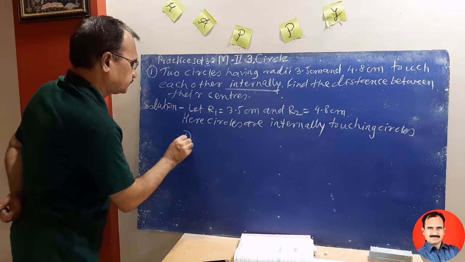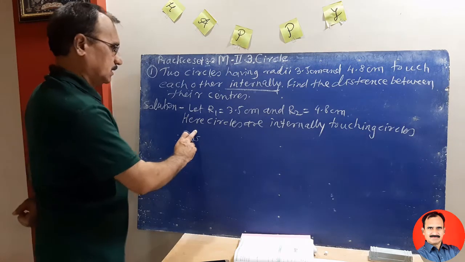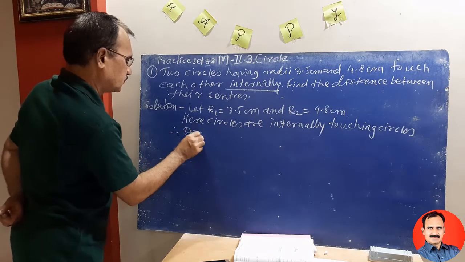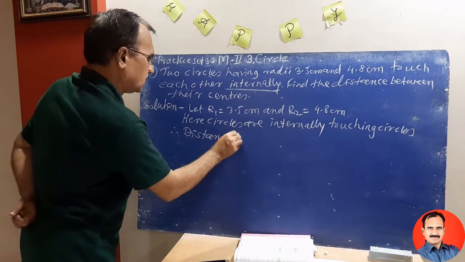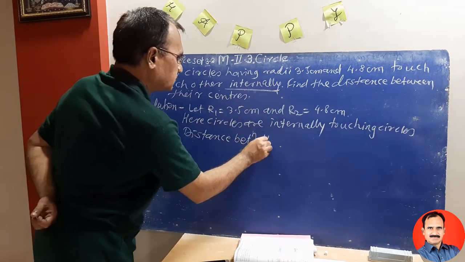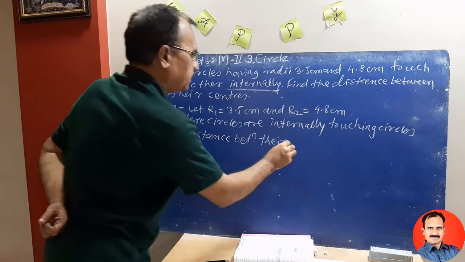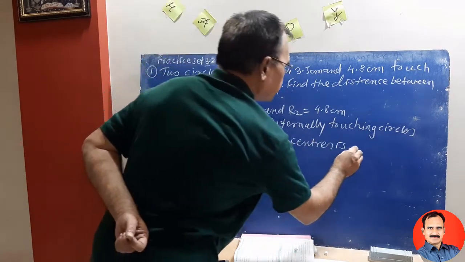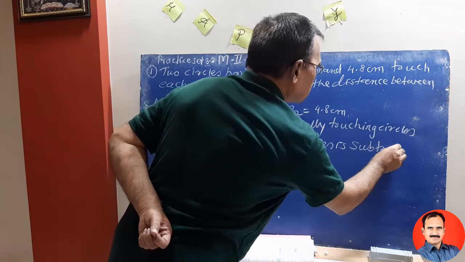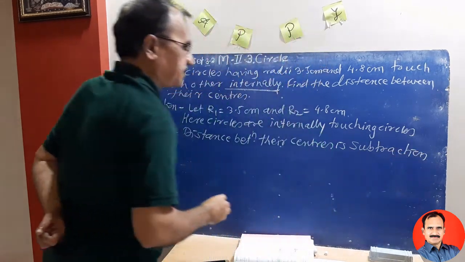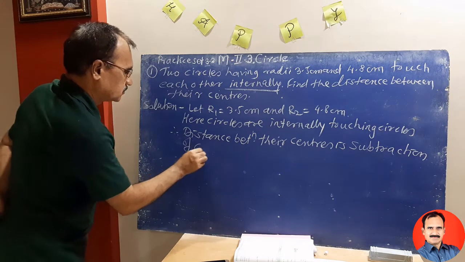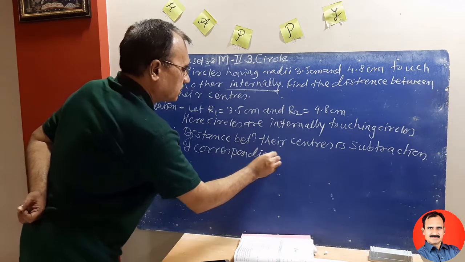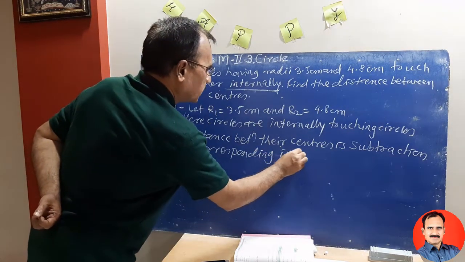Therefore the distance between their centers is the subtraction of the corresponding radii.